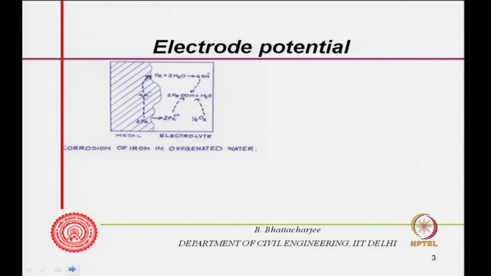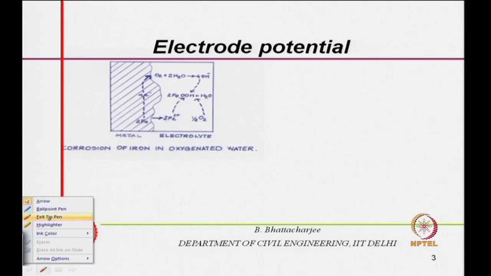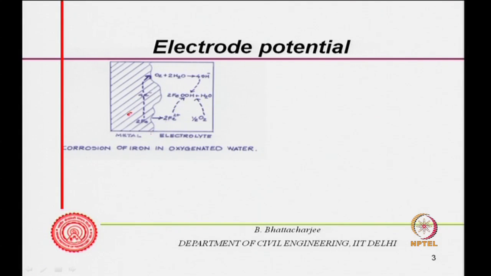If you recollect, we talked about anode and cathode formation within the metal. So, if this is my metal, there will be some place where there will be anode formation. Let us say this is my anode and this is my cathode.